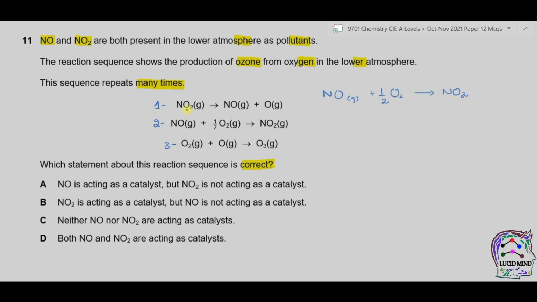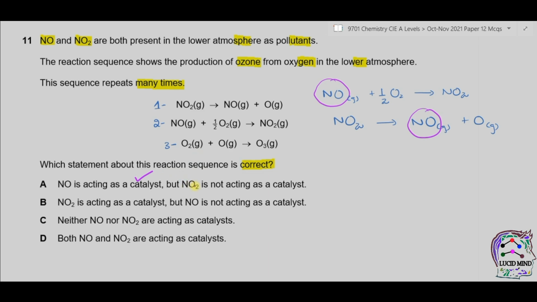Then in the second step, NO2 will decompose to give NO and an oxygen atom. As we can see, NO is unchanged in these chemical reactions as it is reproduced in the product. So therefore NO is acting as a catalyst.